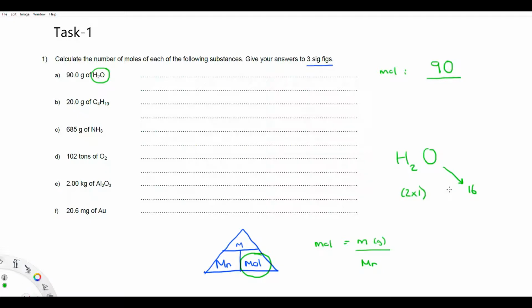So 2 times 1 add 16 equals 18. So I now know the MR of water, which is 18. So I'm going to divide my 90 by my 18. You would take a calculator, take 90 and divide that by 18, and I would have the equivalent of 5 moles. What I'd now like you to do is go through B, C, D, E and F.